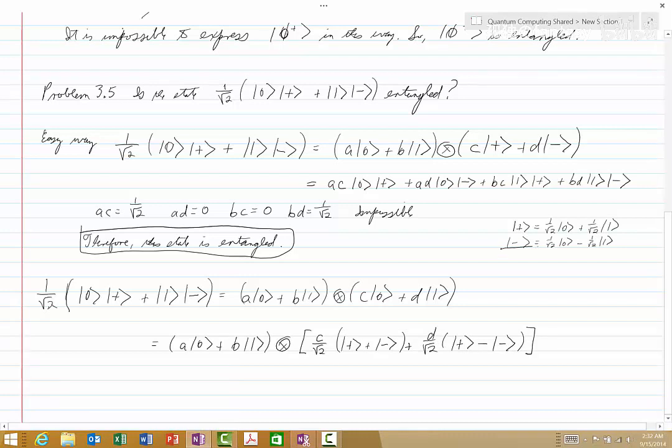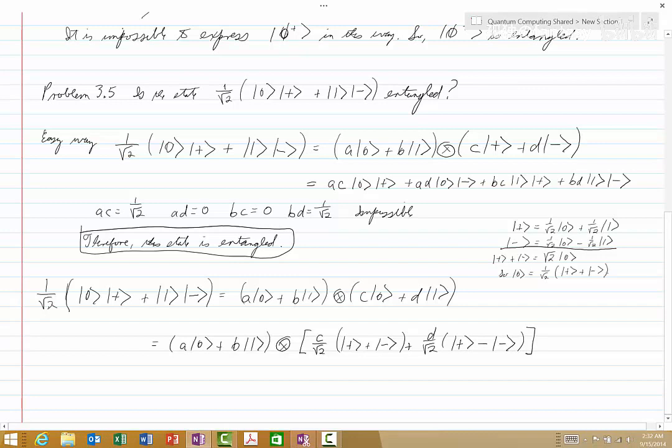Let's just make sure this is clear. If we add these together, you see that the second terms drop out, and we get 1 over square root of 2, 0, plus 1 over square root of 2, 0, which is 2 over square root of 2, or square root of 2 times 0, which implies that the 0 vector is 1 over square root of 2 times plus plus minus.